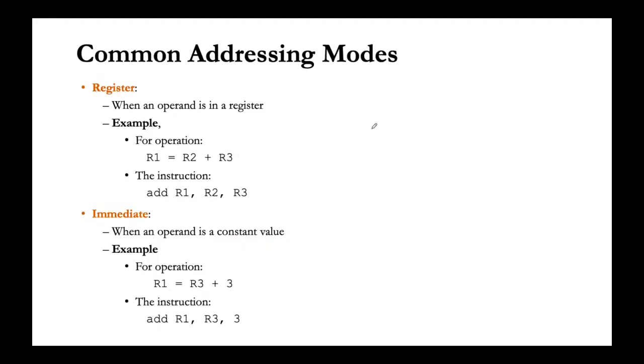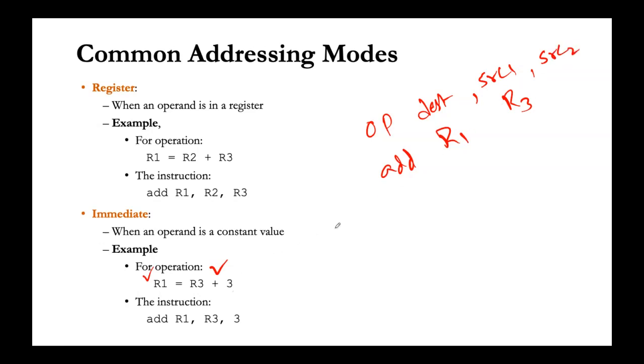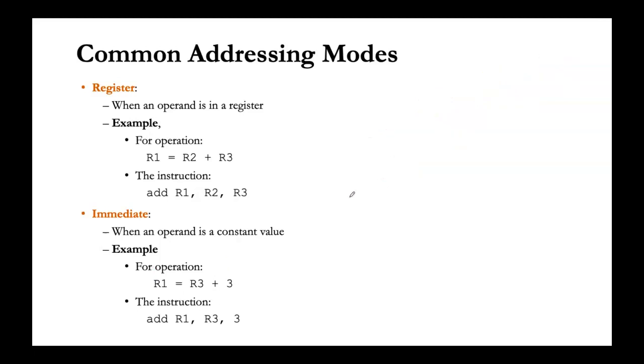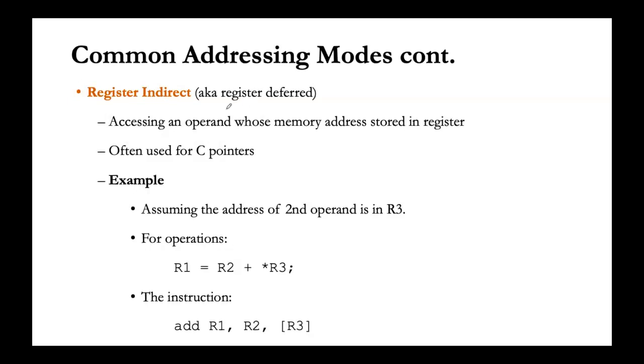So the opcode is add, because we are doing addition, the destination is R1, source 1 is R3, and source 2, the second operand, is a direct constant value. We call that the immediate addressing mode.